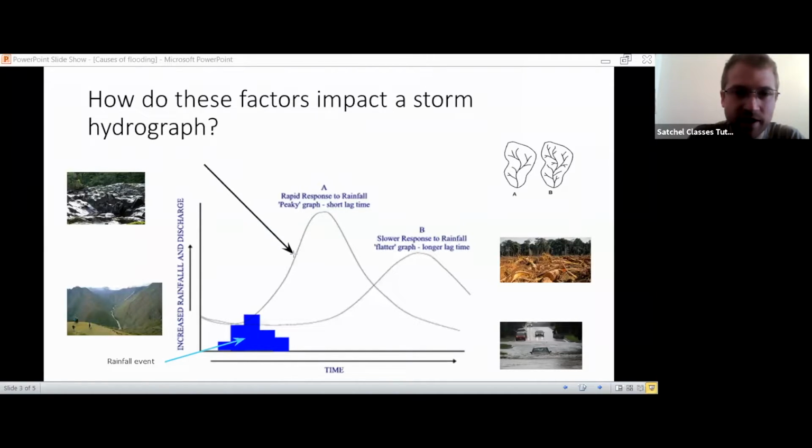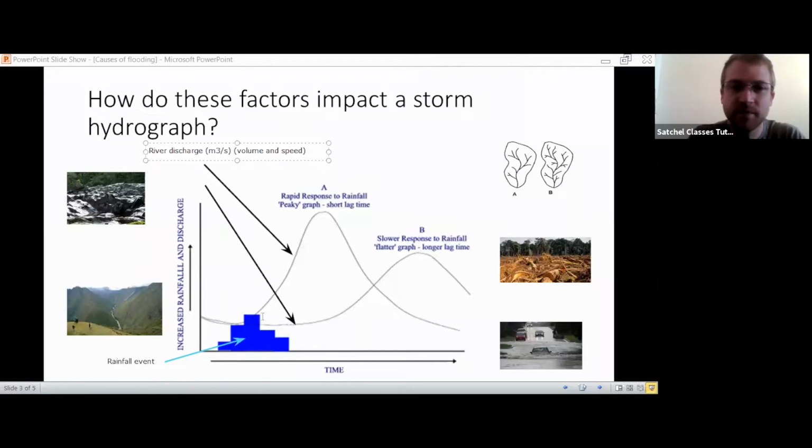This line here and this line here represent the river's discharge, so how much water is flowing in that river. It's measured in cubics or meters cubed per second. So it's the volume and speed of water at a certain point.